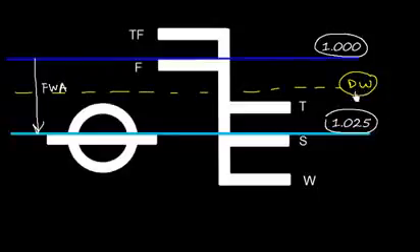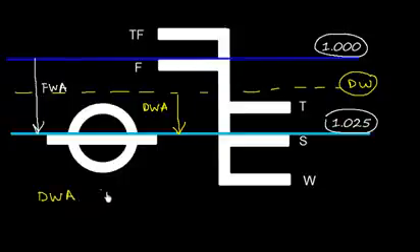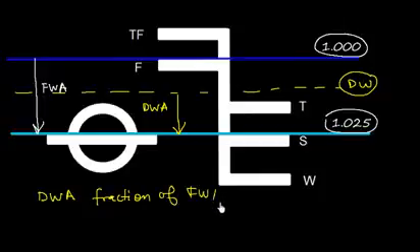So if the vessel was floating in dock water and she comes to salt water like this, so this distance is going to be dock water allowance. So we can say that dock water allowance is a fraction of freshwater allowance.